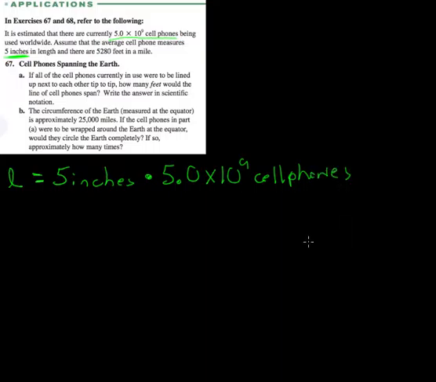So I'm just going to put over here length equals 5 inches for each cell phone. But we have 5.0 times 10 to the ninth cell phones. And this is inches per cell phone.